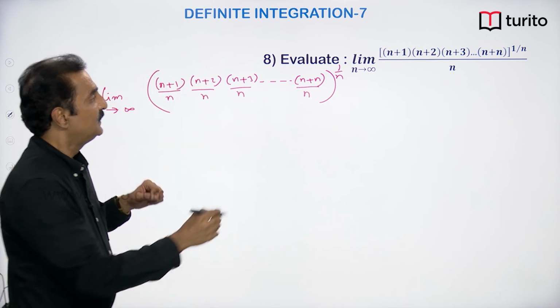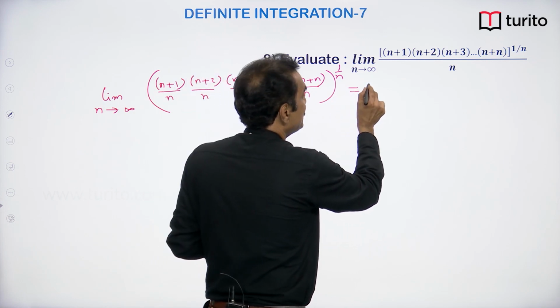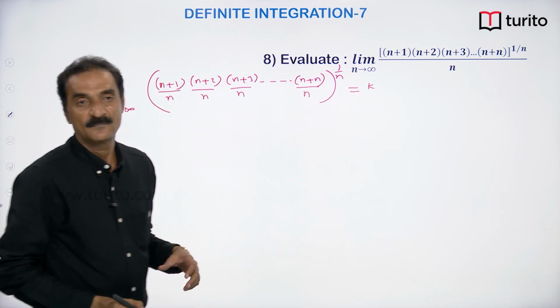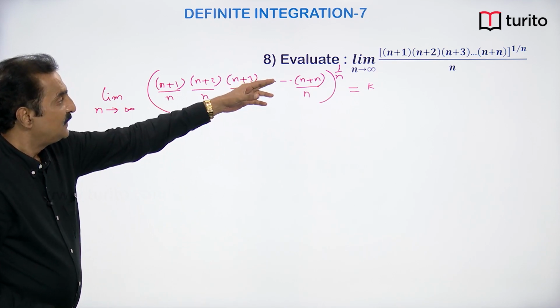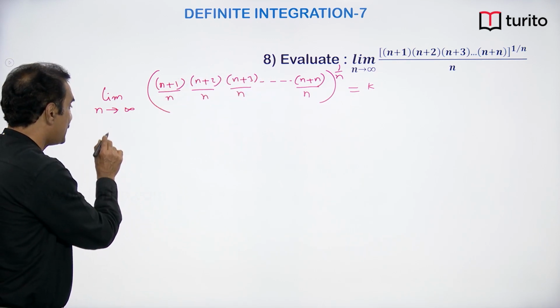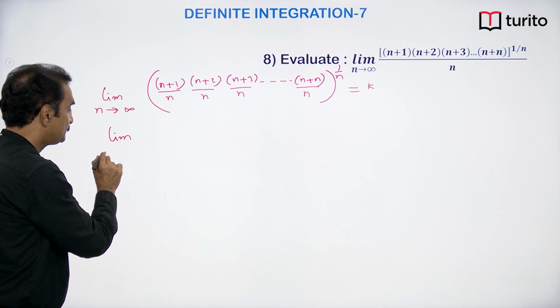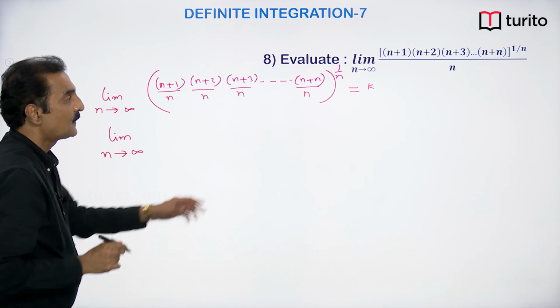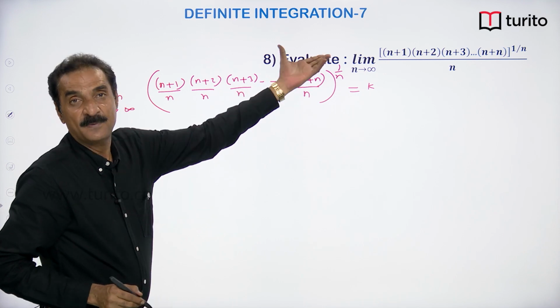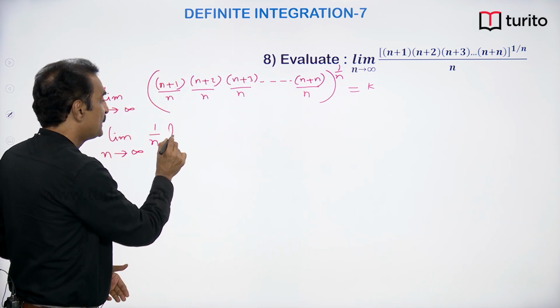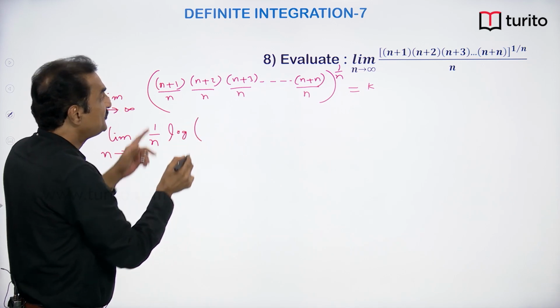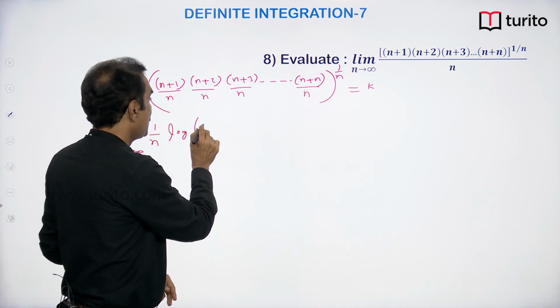Now if you assume that the limit is k, by applying logarithms, the LHS becomes limit as n tends to infinity, log of this power 1 by n is 1 by n into log of this product. Which product?